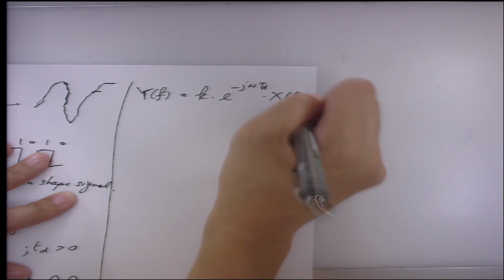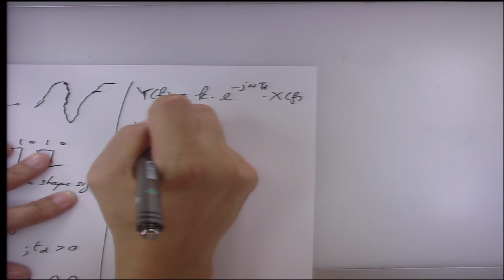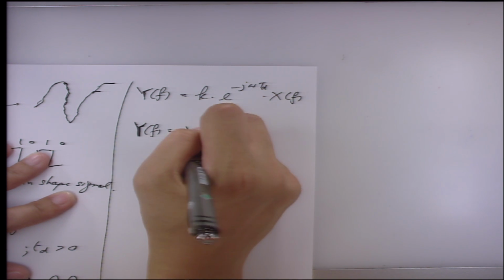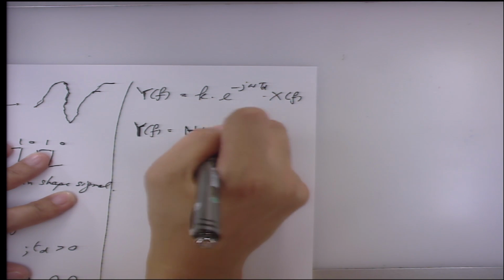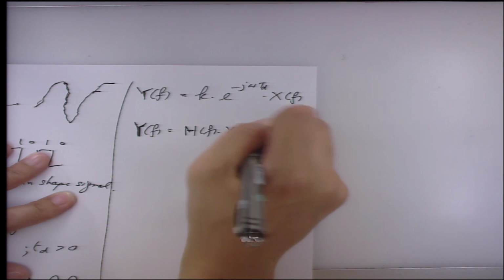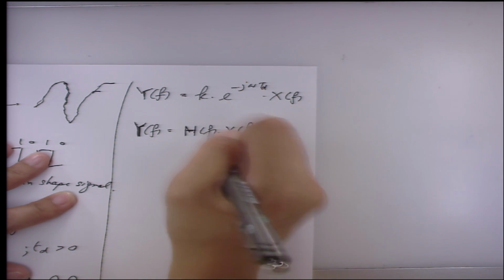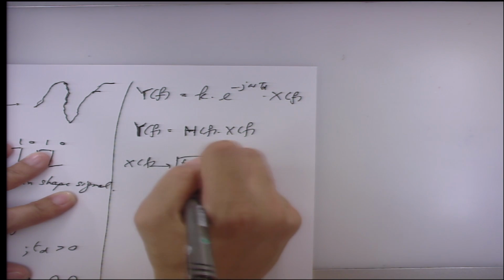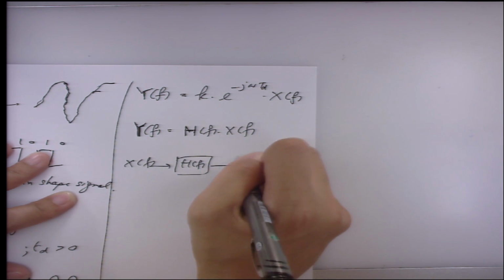The other is the general equation: Y(f) equals H(f) multiplied by X(f), where you send X(f) into the system H(f) and you get Y(f).